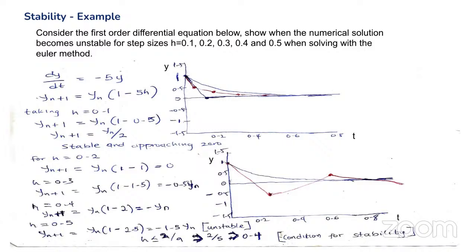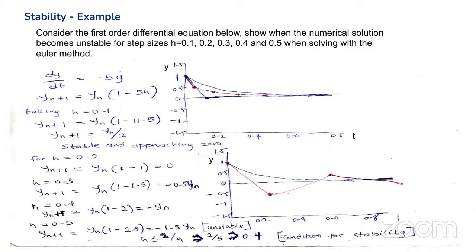So half of 0.5 gives us 0.25, and you have the next dot there, aligning with the 0.2 step, because we have added another step, 0.1 plus 0.1. That's how the tangent line continues, and we can see that it is approaching 0, going closer and closer to the true solution as time progresses. So that's the condition for a stable method. We can say that this Euler method is stable for this step size, h equals 0.1.